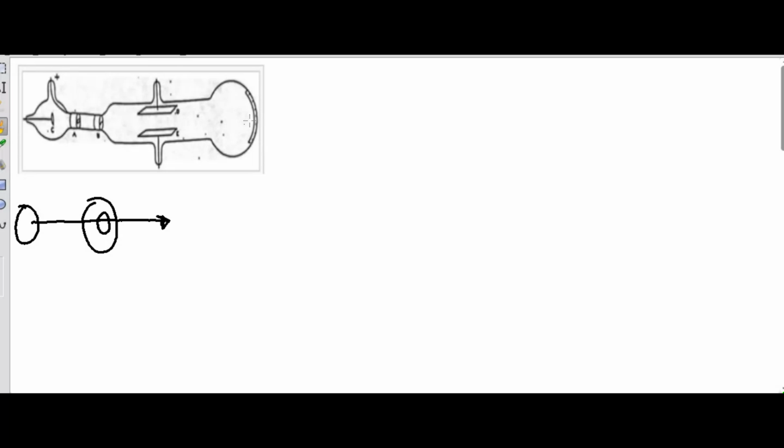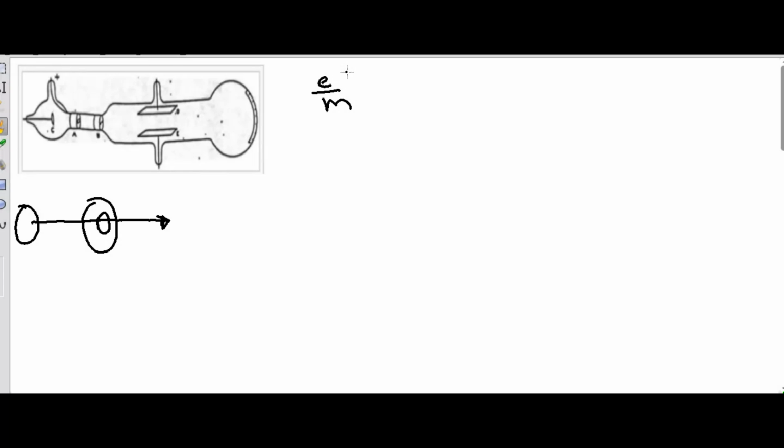Now J.J. Thomson not only stopped here, he also determined the fundamental property of these electrons, which was the e/m ratio of those particles.